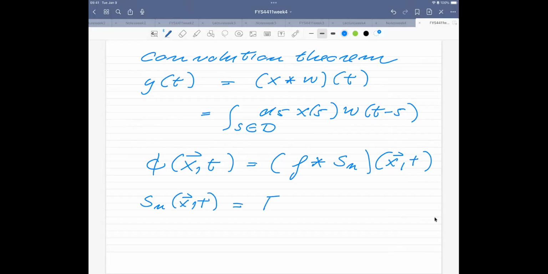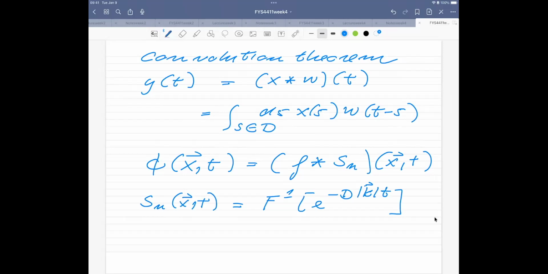This is just given by the inverse Fourier transform of this quantity e to the minus D k squared times t. So I'm just introducing that.